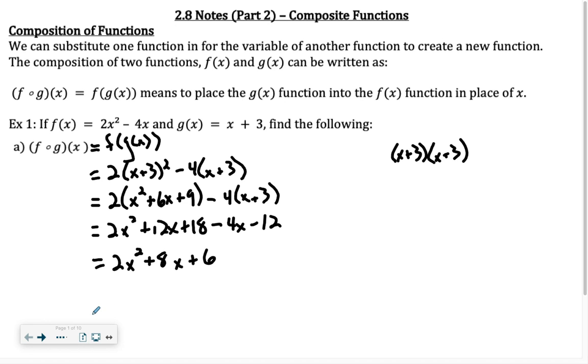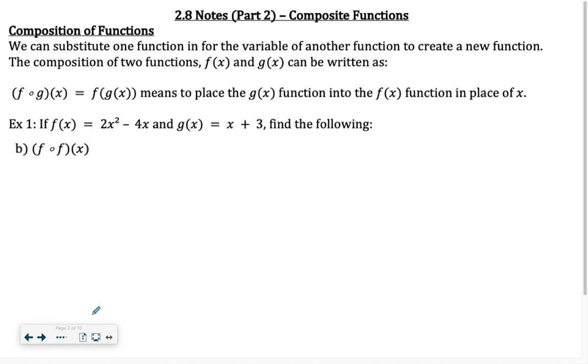All right, let's try one more here. Let's do f of f of x. So same idea here, but now I'm plugging f of x into f wherever I see an x. So that would look something like this. So 2 times, and I'm just plugging 2x squared minus 4x in place of x.